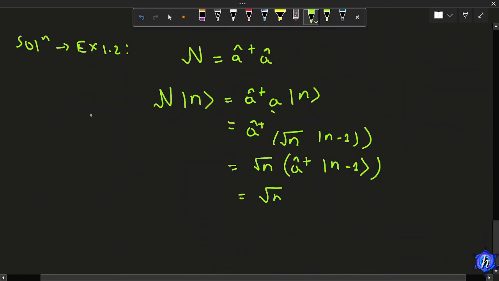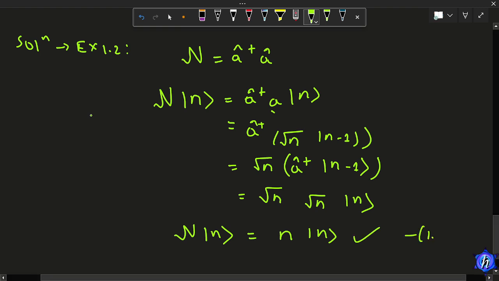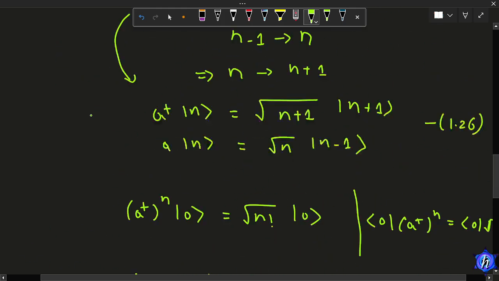So this will be root n times root n, so this is n times n. So we just showed that the number operator N acting on the state n has the eigenvalue n. Okay, so this we proved. This is equation 1.28.